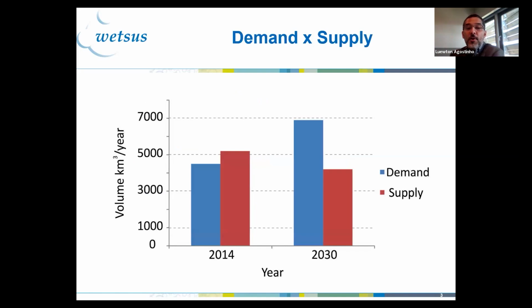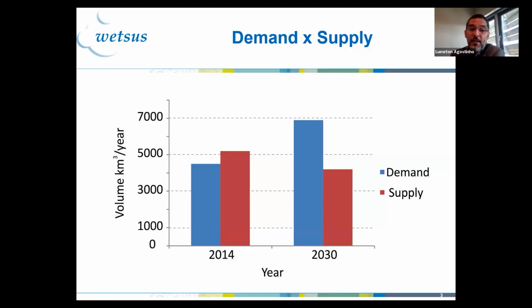So when we start with the desalination why, one of the whys is very simple. We are all, I guess, very well aware of the difference in demand and supply.